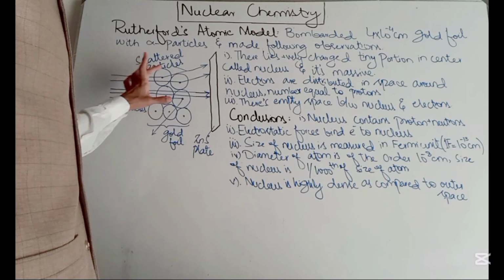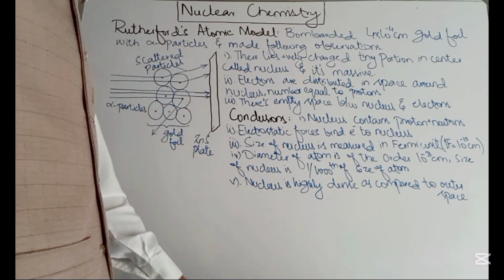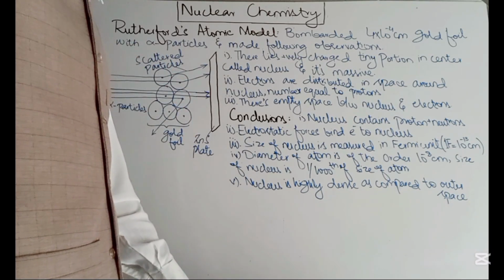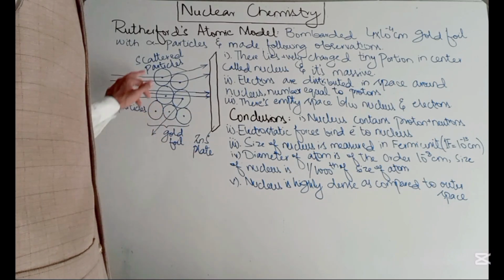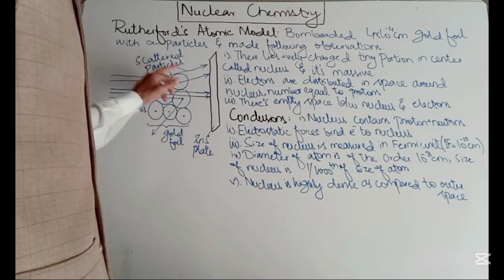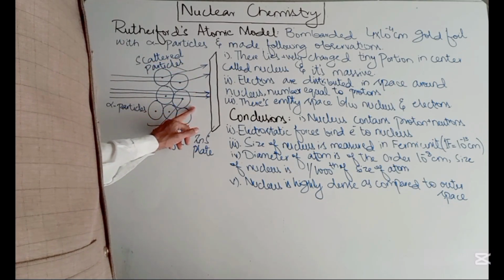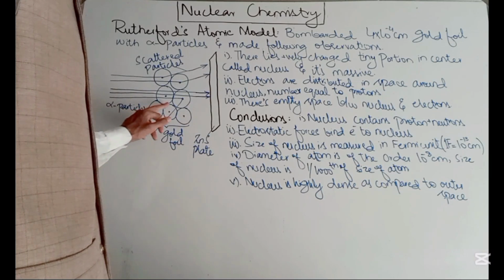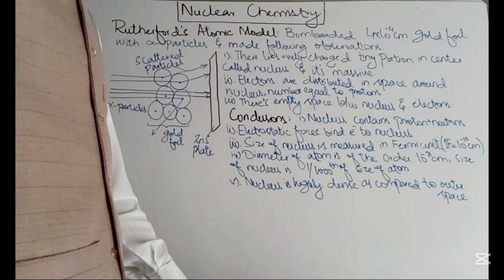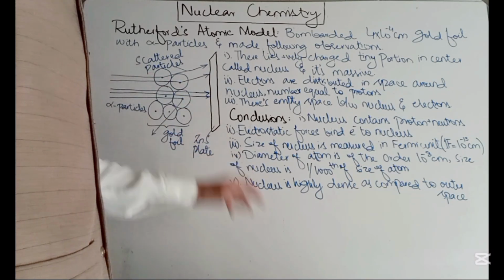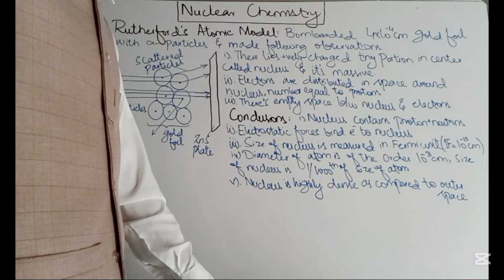So these circles are showing the single layer of atoms of the gold that were present in the gold foil. These circles are showing the position of the atom, and the dots in the center of the circles are showing the nucleus, and the surrounding space is the outer space of the atom.